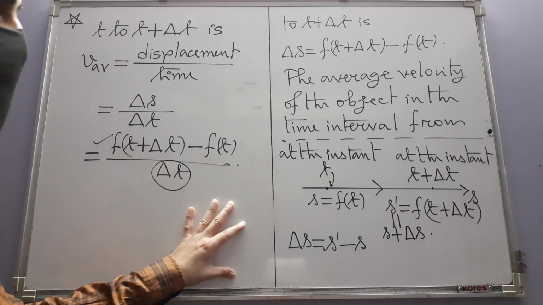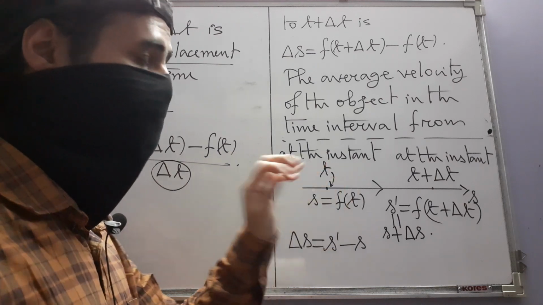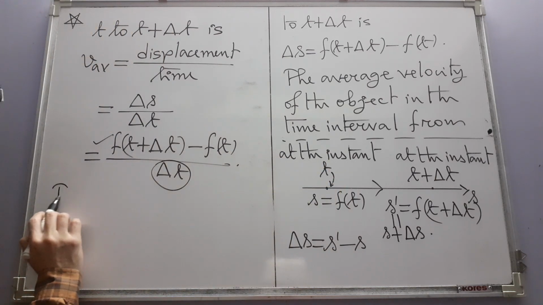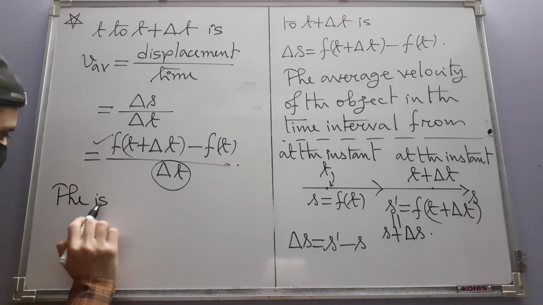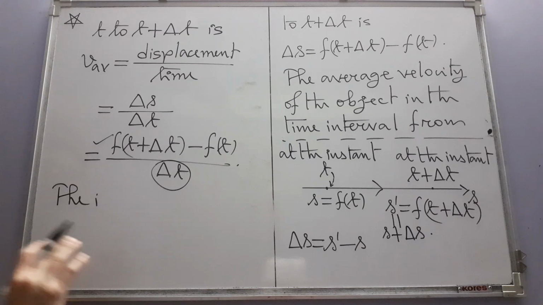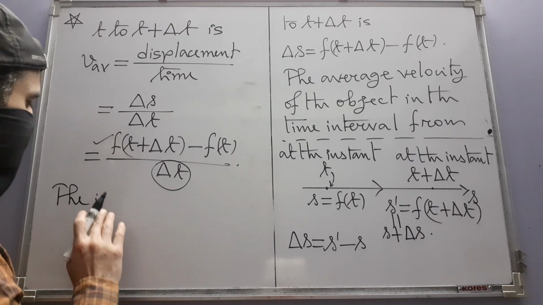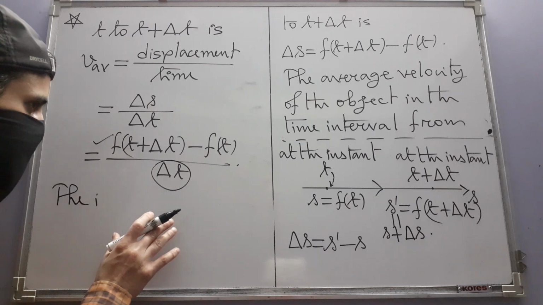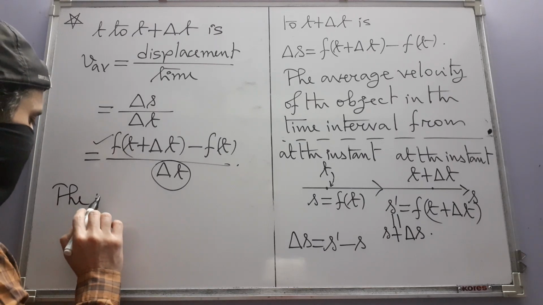Next, let us see the instantaneous velocity. We won't call it instantaneous velocity, but we are going to write the word instantaneous here just to emphasize the fact that it's a derivative.